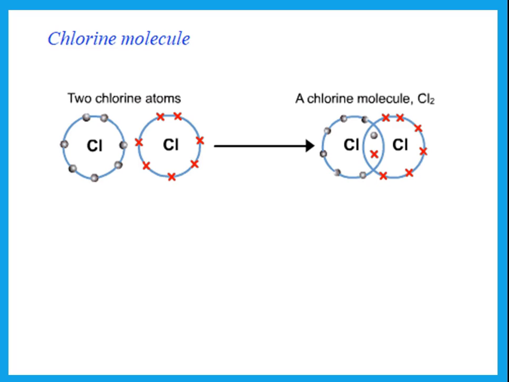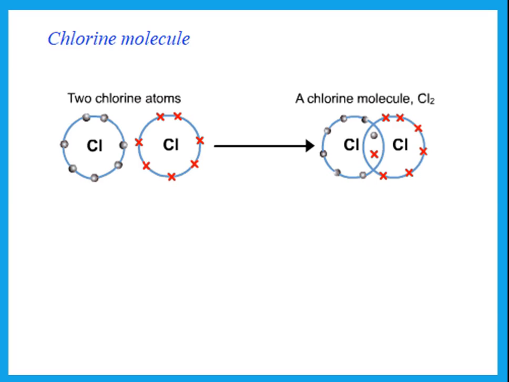Now each chlorine atom already has 7 electrons in its outer shell, but it needs how many? It needs 1 more. So if it needs 1, that means it's going to donate 1 and take 1. That means between the 2 chlorines, I have 1 electron from each atom, and I still have the rest of the 7.